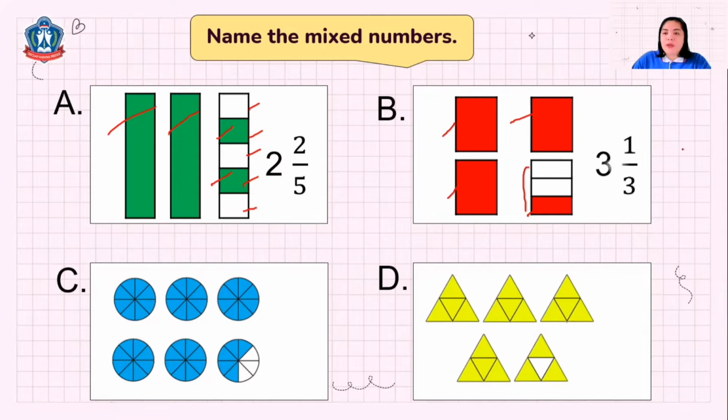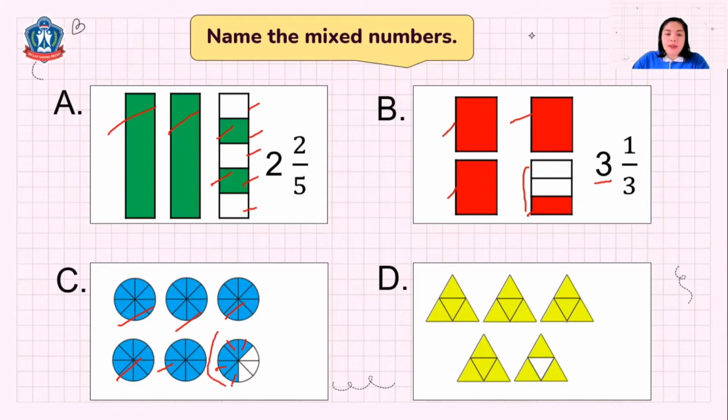Okay, so our whole number is 3. How about letter C? How many are our wholes? The blue circles, that is full. 1, 2, 3, 4, 5. So there are 5 circles that are fully shaded. The other one, how many parts are shaded? 1, 2, 3, 4, 5. 5 parts are shaded, and the whole circle is divided into 8 parts.